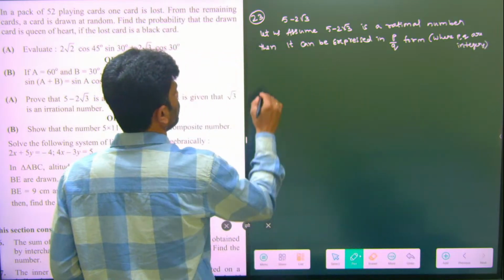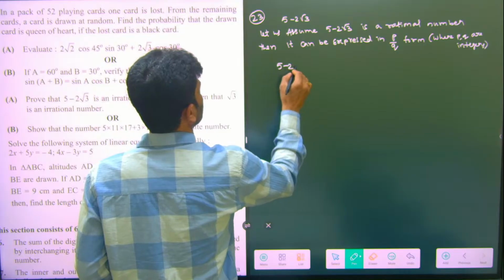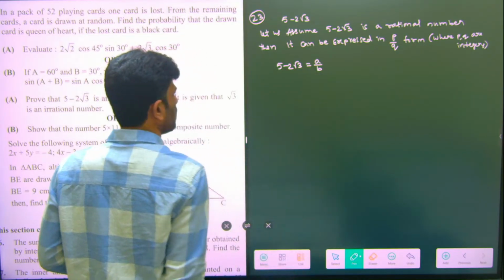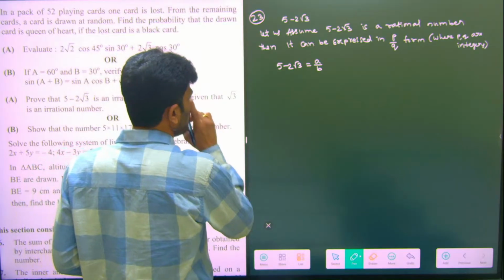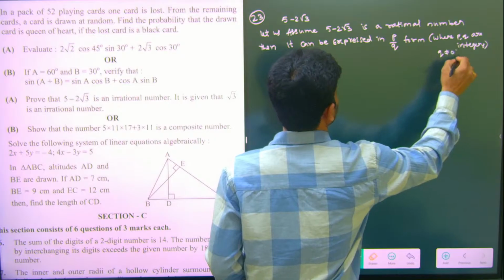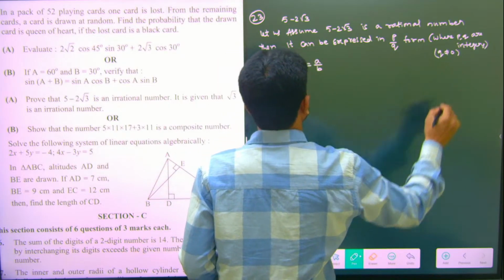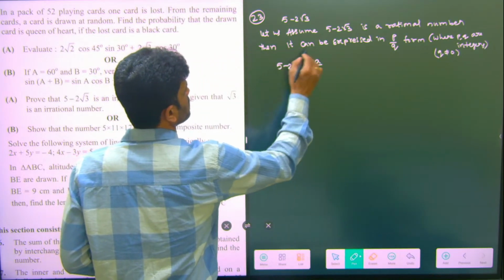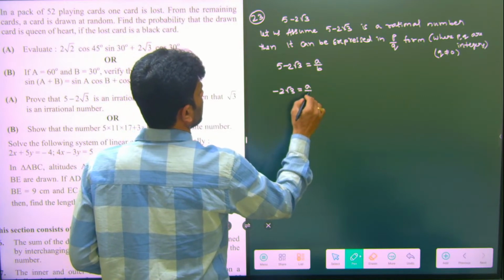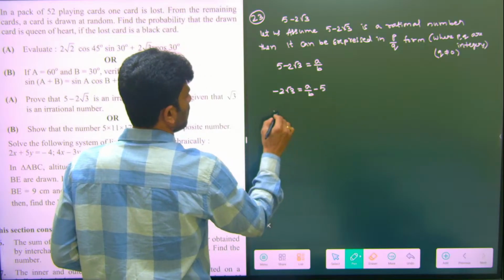Okay, then what we do, 5 minus 2 root 3 is equal to some A by B we can write, where A comma B are integers. Now, here Q not equal to 0 also we mention. Now, we transpose 5 that side, minus 2 root 3 is equal to A by B minus 5.